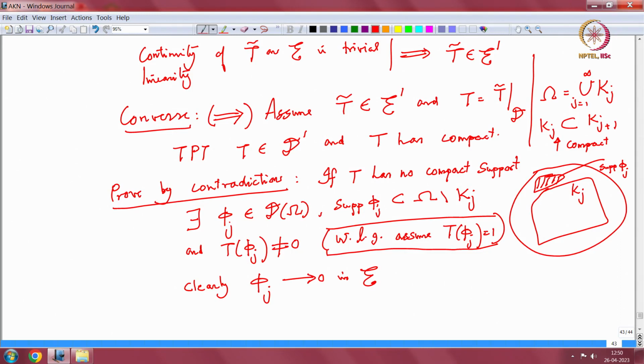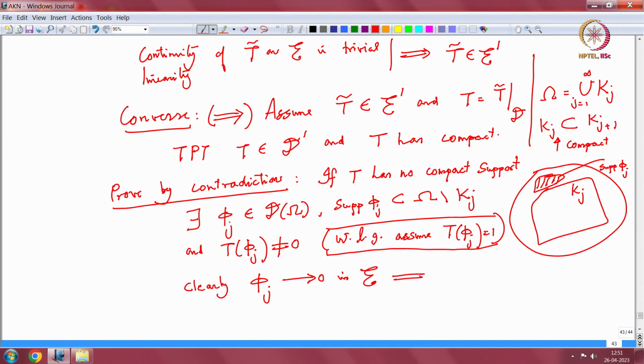If you take any compact set and j becomes larger and larger, the support of phi_j will be outside K_j. So phi_j will be identically 0 on any compact set when j is large enough, so all its derivatives vanish. This is a typical example of a sequence converging in E, but not in D.